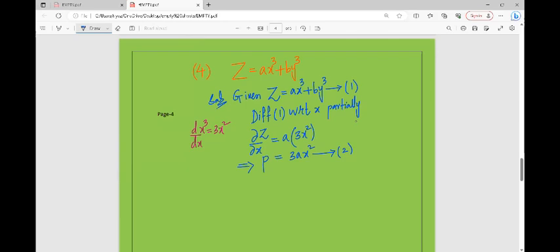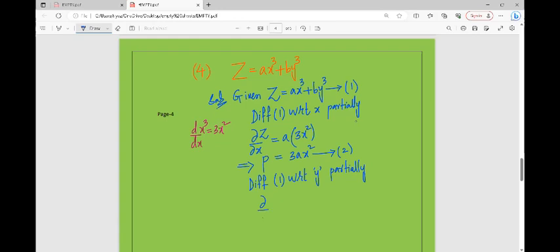taken as equation number 2. Similarly, what we have to do, differentiating equation number 1 with respect to y partially. What's the answer?